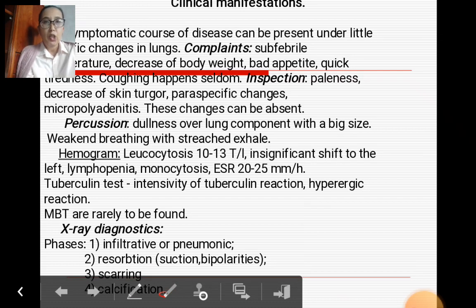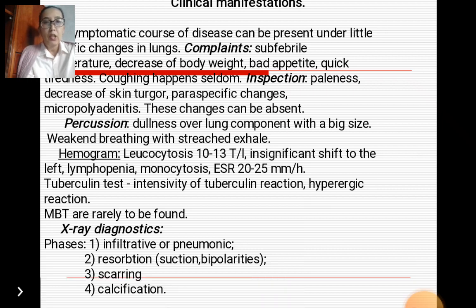Clinical manifestation. Our patient complains of subfebrile temperature, decrease of body weight, bad appetite, quick tiredness, coughing maybe, but it is very seldom. During the inspection we can find paleness, decrease of skin turgor, paraspecific changes, and micropolyadenitis.